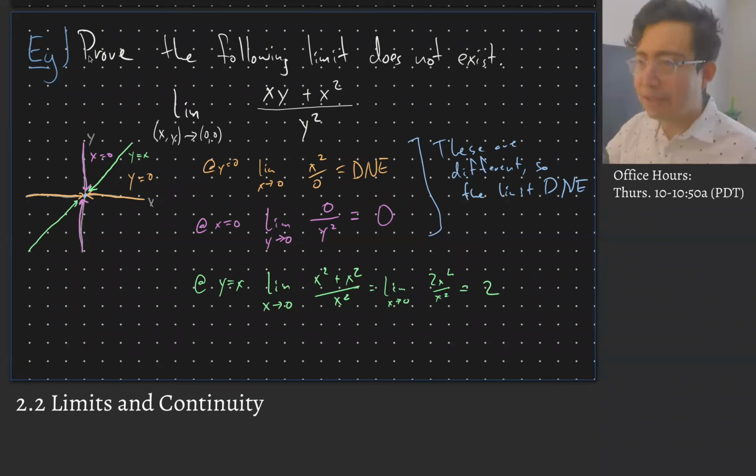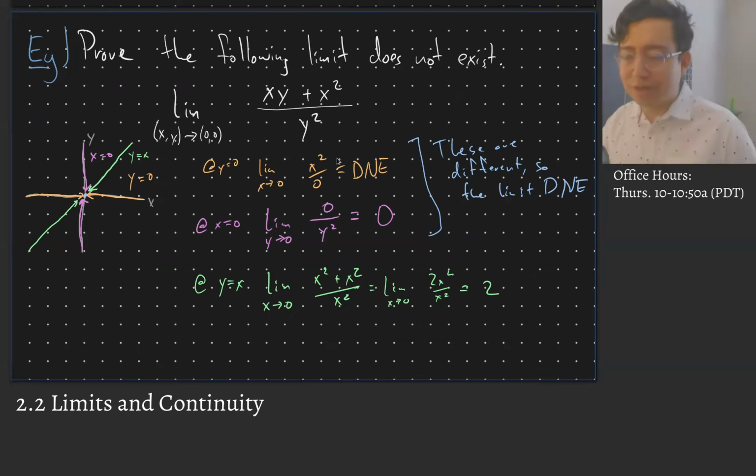So maybe it says like show or explain why the following limit does not exist. Okay. And so you already know that it doesn't exist. And so your strategy is just, okay, let's come at it from a couple of different angles and show that it doesn't exist.